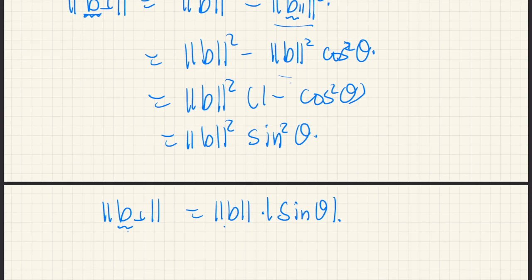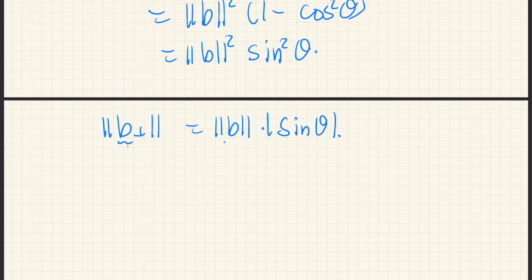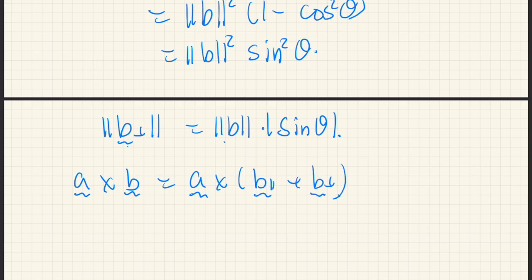Now we are getting closer. Consider A cross B. B here is split into two parts, parallel and perpendicular, and we can distribute the cross product.